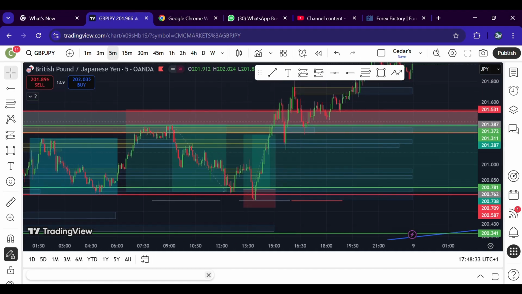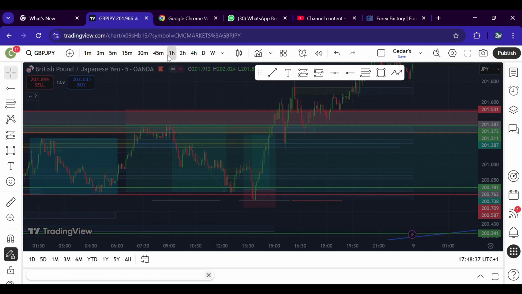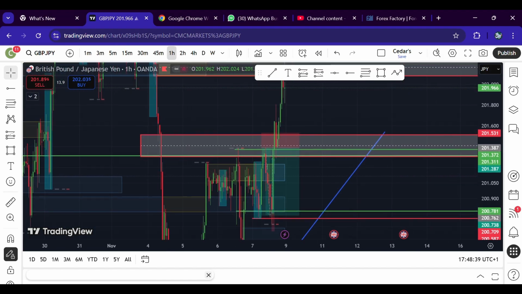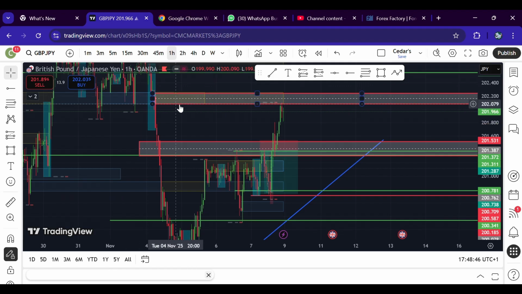But you could actually see it came up, took out... Did it take out any liquidity? No, it just went high and came into this zone.